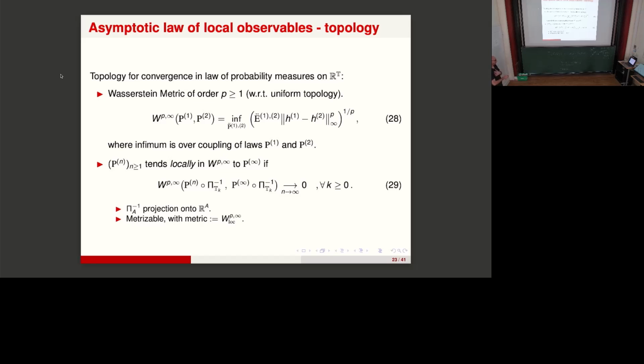So saying that if I have two fields and their distance under this metric goes to 0 means that in any local neighborhood, if I just restrict the fields to a neighborhood, this usual W_p infinity goes to 0. Is this clear? Okay.